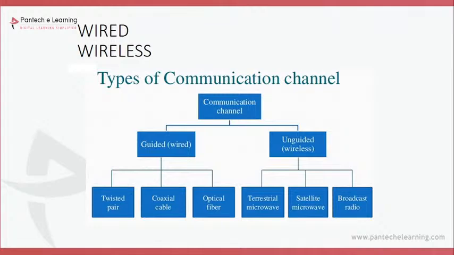Twisted pair was invented by Alexander Graham Bell. This form of wire has been used since the 19th century, and it is currently the cheapest medium available. Twisted pair is also used in telephone wires.